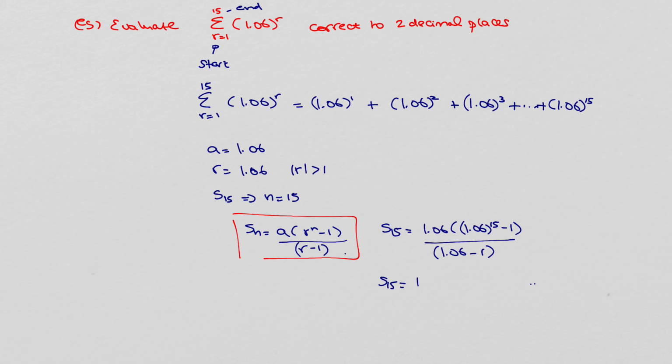So that's going to be 1.06 times 1.06 to the power of 15 minus 1 over 0.06. So putting that into our calculators and getting our answer correct to 2 decimal places gives us 24.67.